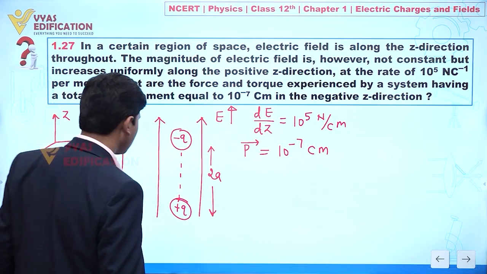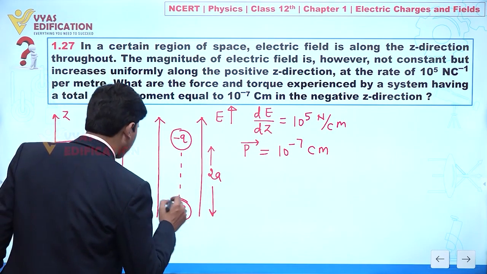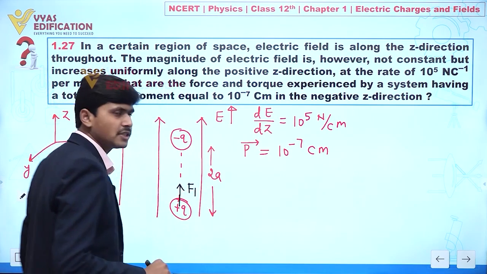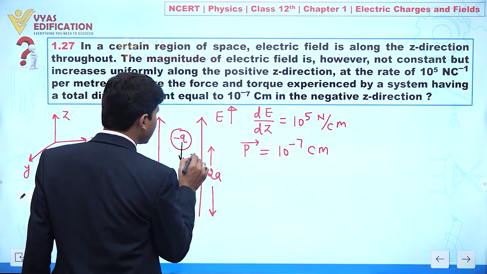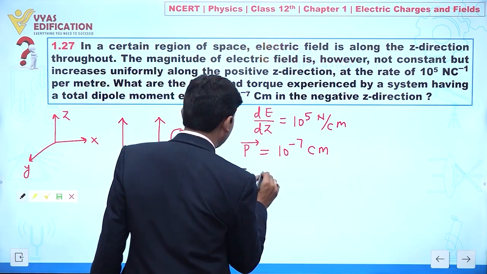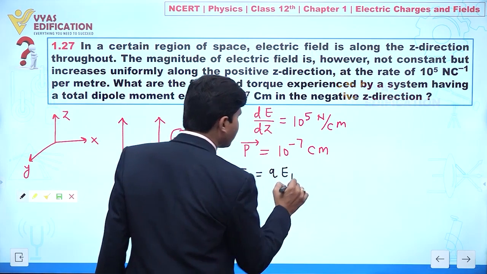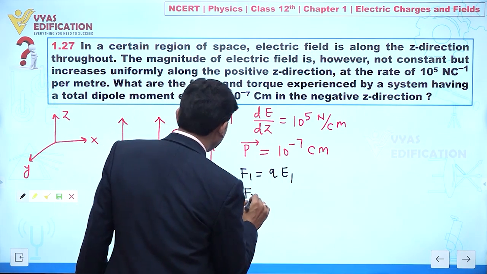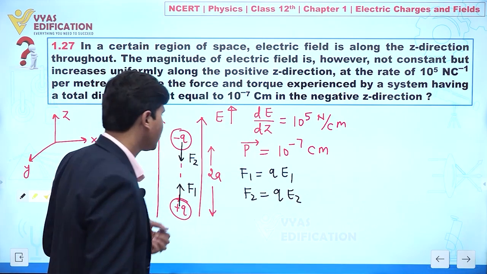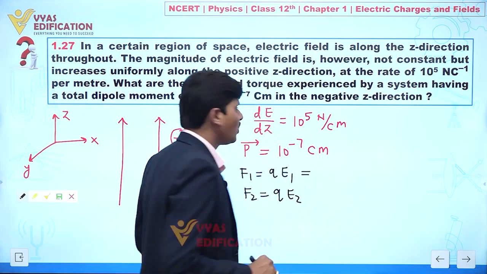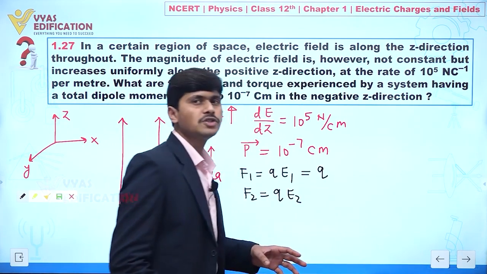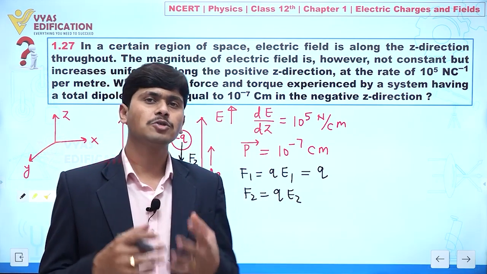So on these charges, force is acting in this direction, this is F1, and on this one this is F2. F1 is equal to Q into E1, and F2 is Q into E2. The directions we have already seen logically.